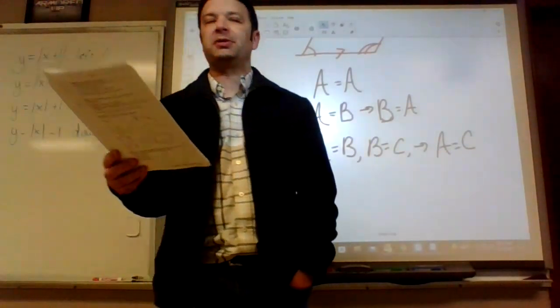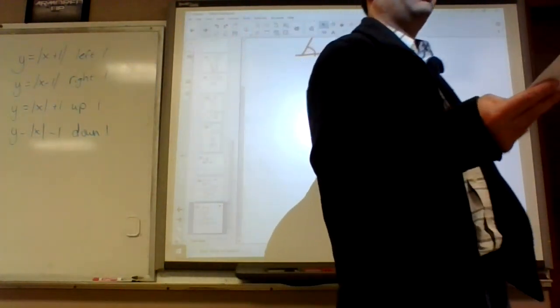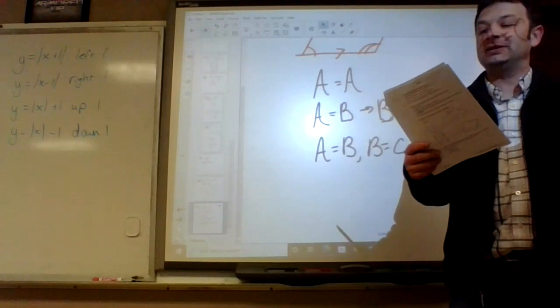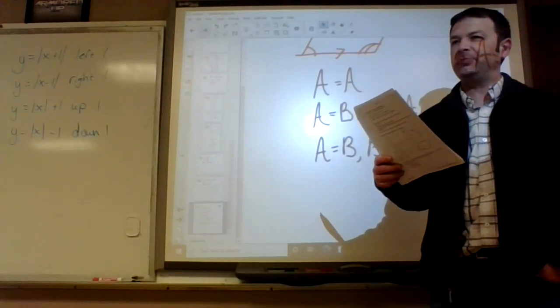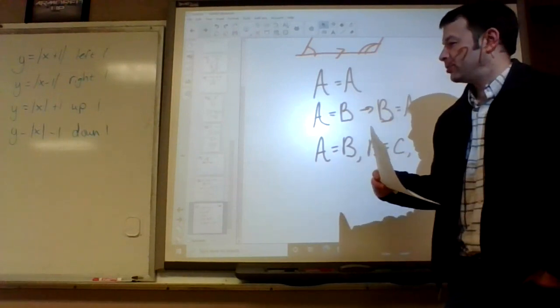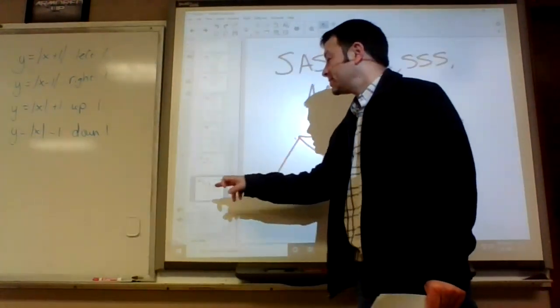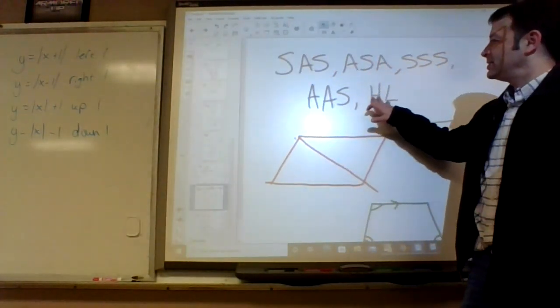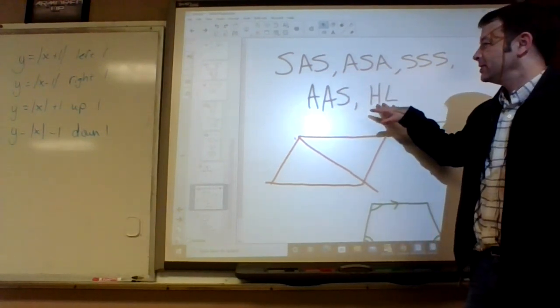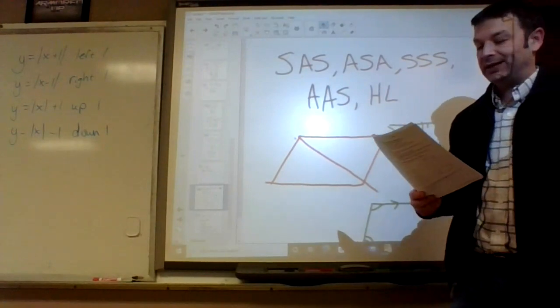So in other words, is HL the same thing as side, or something? Okay, HL is not the same as anything, because if it was, then we wouldn't have listed it as one of the possible things. So HL is different than all these. That's why we list it separately. Anyways, A is none.